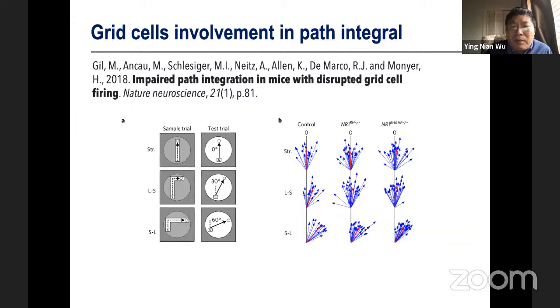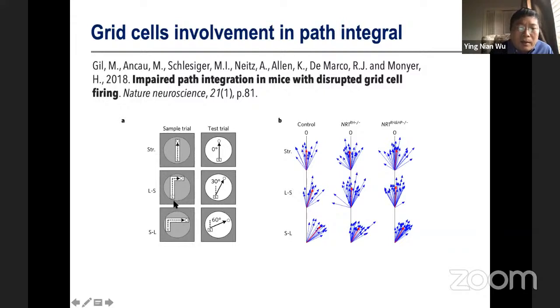If you, for example, disrupt the grid cell firing using some biological means, then apparently the rat cannot do path integral. For example, this is a corridor. You let the rat swim to find the food, for example. And you first have the corridor so that the rat can only swim in this direction.